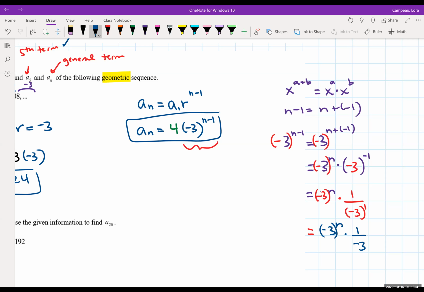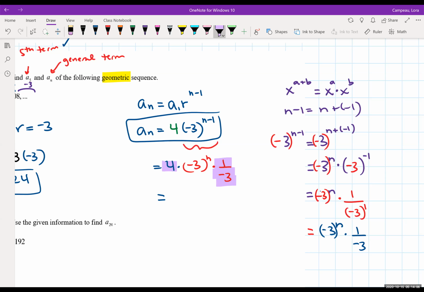And so if we wrote that in for ourselves, negative 3 to the n times 1 over negative 3, we would still have the 4 out in front. What you might see is that it may look at the non-powers of n, and we can multiply those.